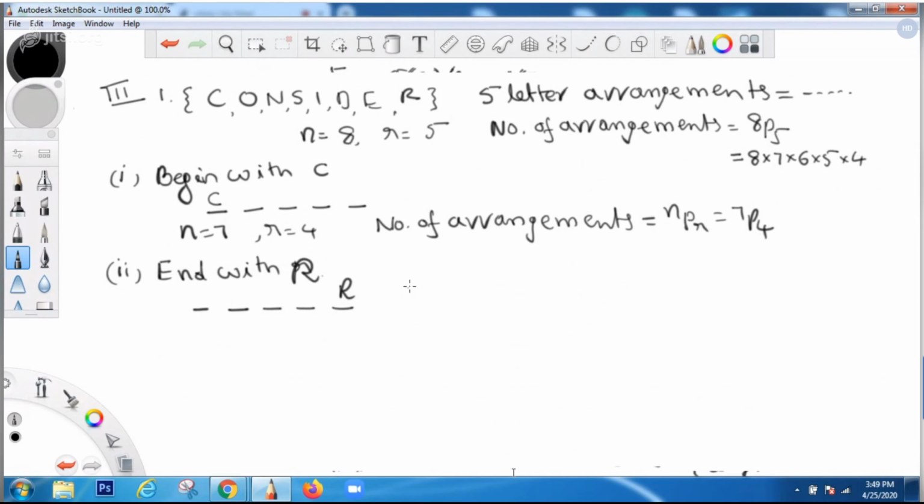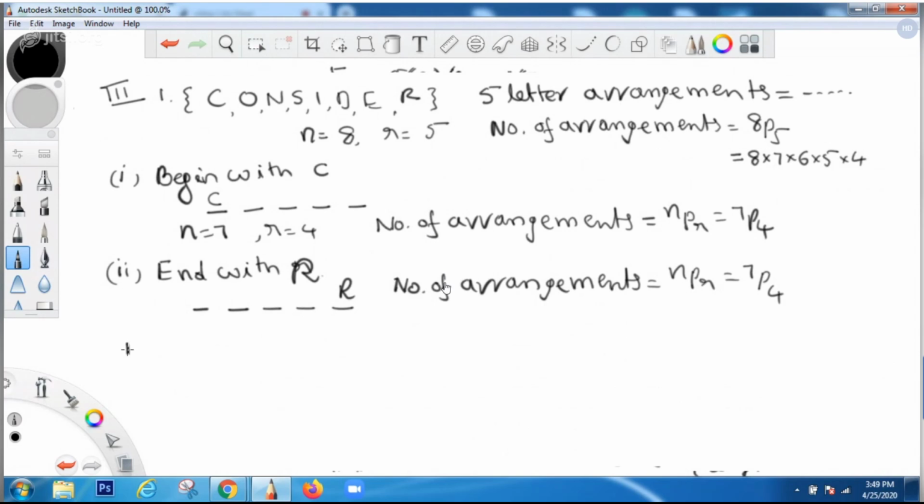Therefore, number of arrangements is 7P4. Same formula. Understood how we take n as 7 and r as 4?